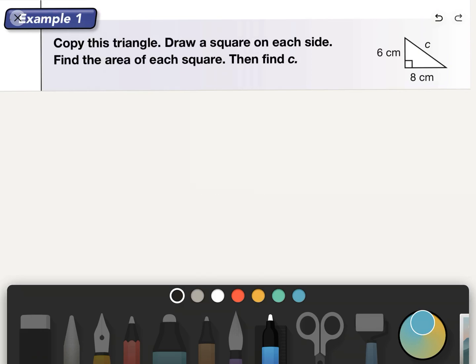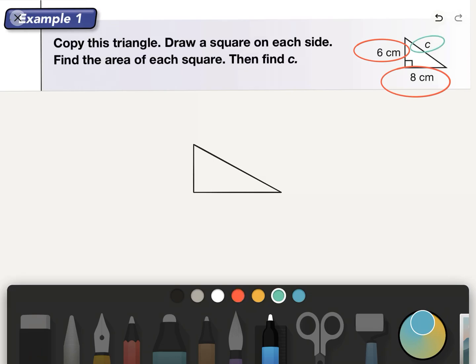And I failed my first one. Ta-da! Lovely. Okay, so looking at this one, we have 6 centimeters for this leg, 8 centimeters for this leg, and we do not know the value of C. So drawing a box on this side. Oh, let's see if I can get one a little bit closer. That's a rectangle.